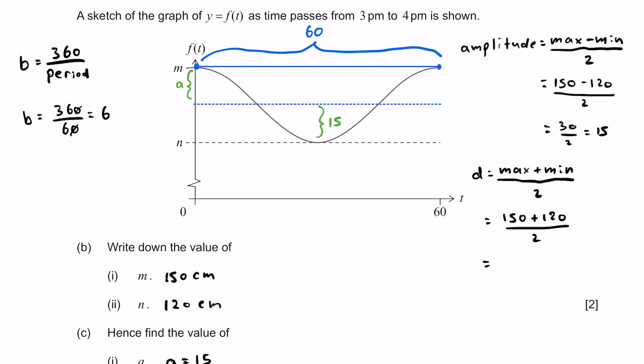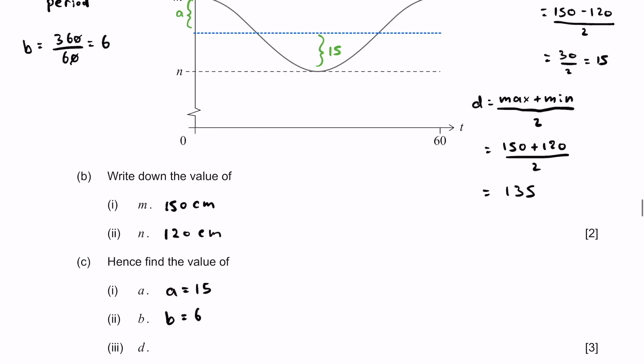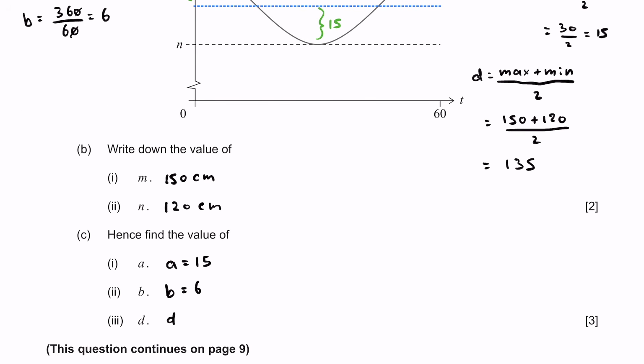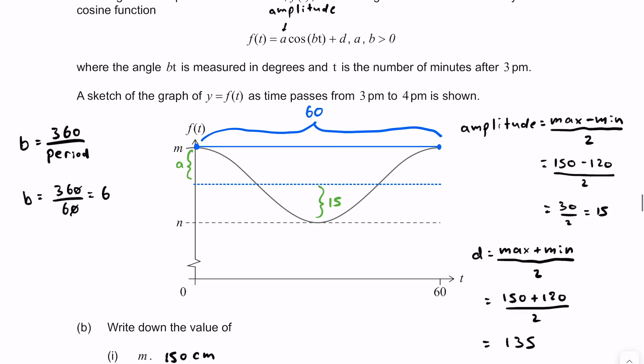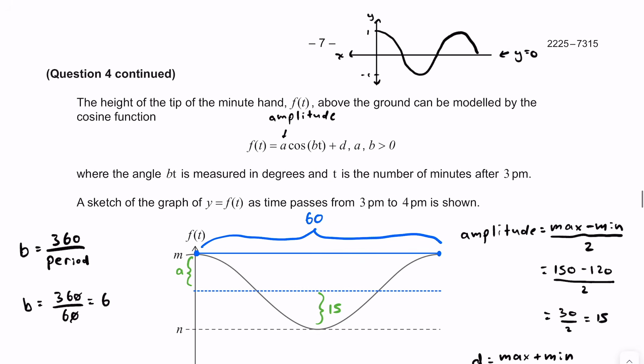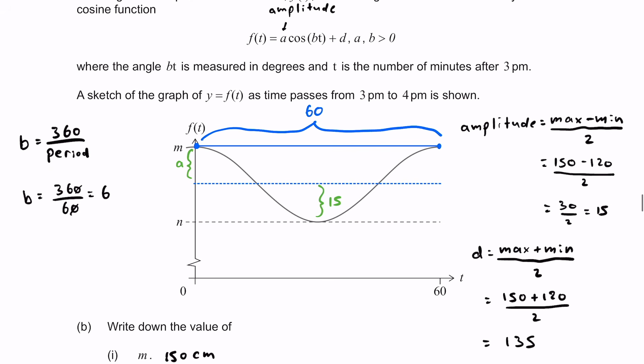I believe that would be 135. Okay. So d is equal to 135. All right, and with that, we have transformed our basic cosine function into this function that maps the height of the minute hand through time. And that's essentially what we do for a lot of our modeling functions when we deal with trig.